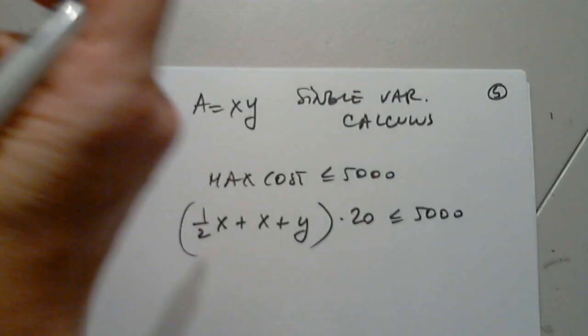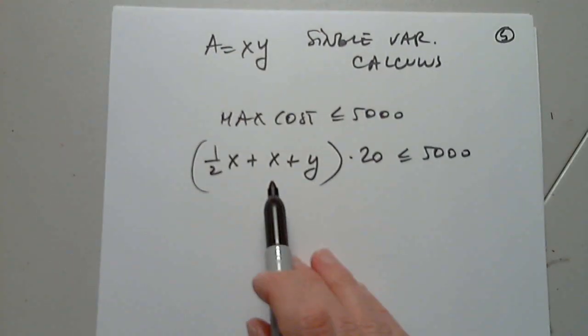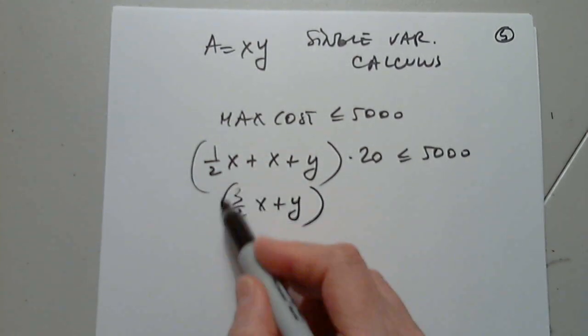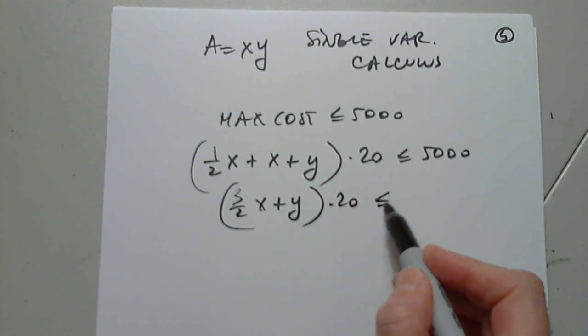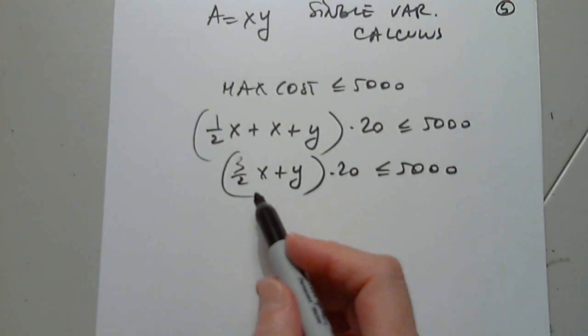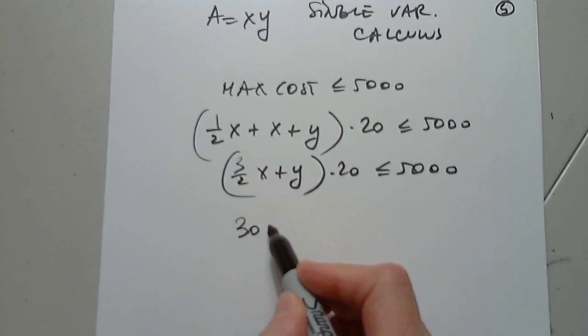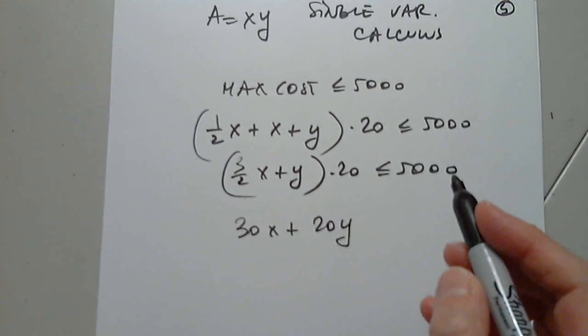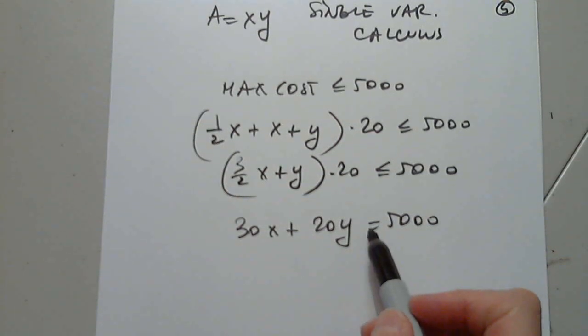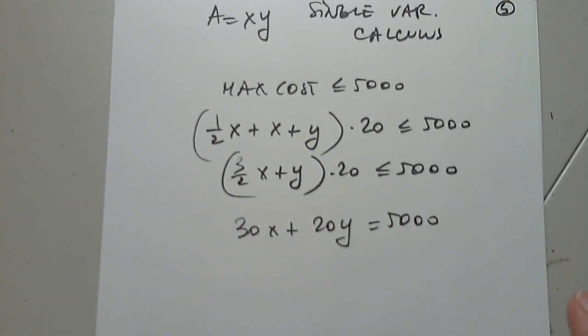So we have 1/2 plus x, which is 3/2 x, plus y multiplied by 20 has to be less than or equal to 5,000. When I distribute 20, I have 30x plus 20y equals 5,000. So that is the maximum.